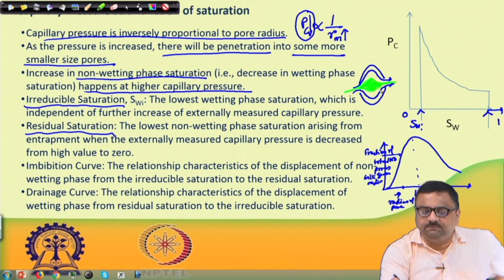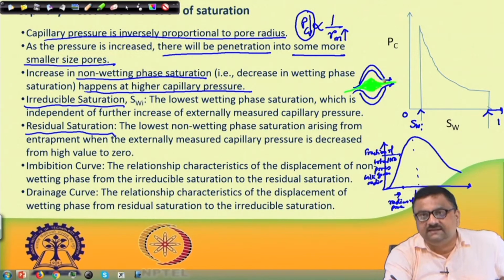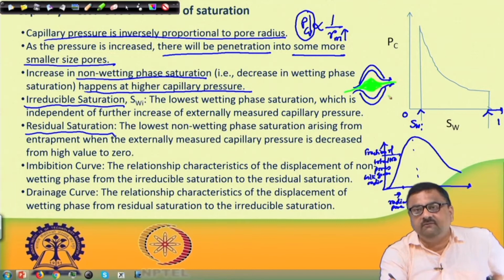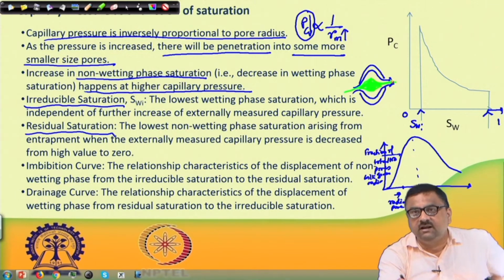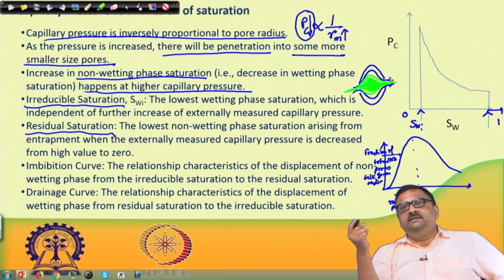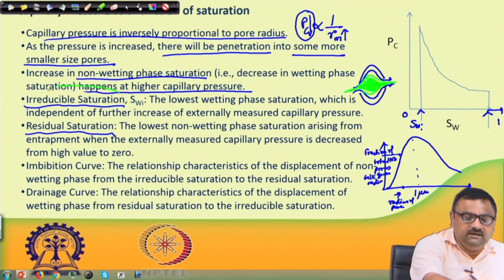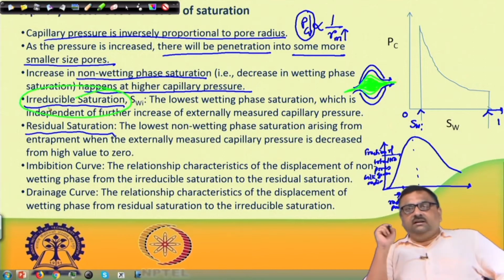But if you expect this non-wetting phase to go all the way and displace the wetting phase from everywhere, 100% displacement, that does not happen. As you increase the pressure, maybe this part would be filled, this will probably grow, but some remnants of water always remain there, and that is referred to as the irreducible saturation.